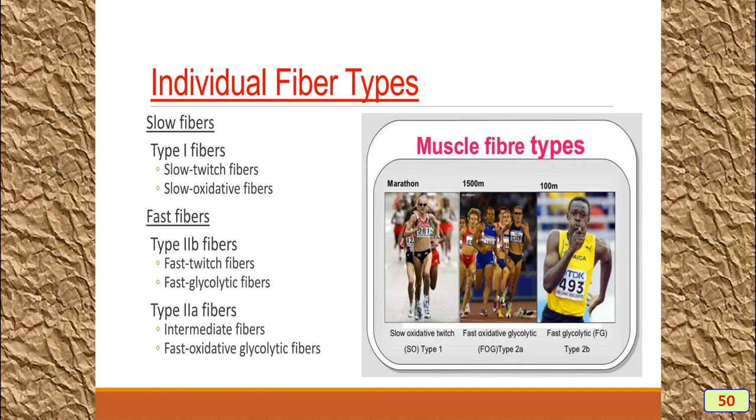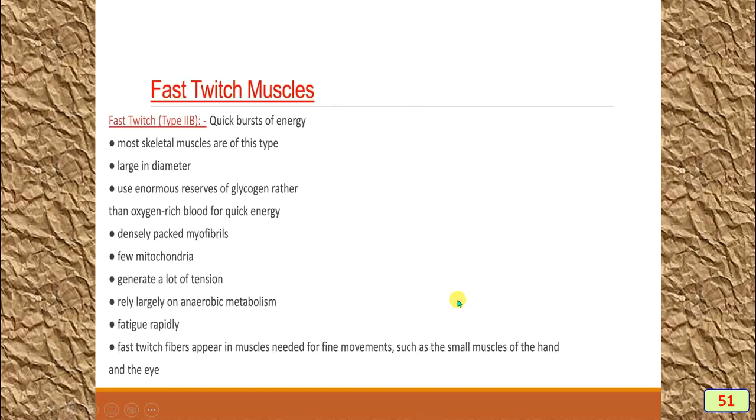So these are useful for running, etc. And the fast twitch fibers, their role is very important. And apart from this, the intermediate fibers and fast oxidative glycolytic fibers are involved.